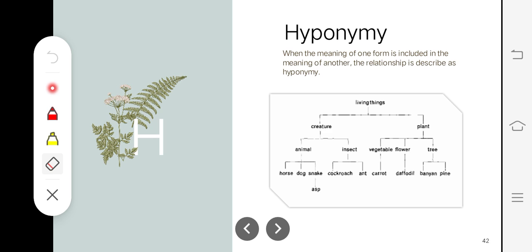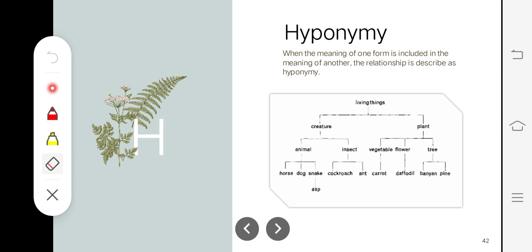Here, vegetable, flower, and tree are co-hyponyms, and their superordinate is plant. Same as creature and plant, they are co-hyponyms, and the superordinate of these two is living things.